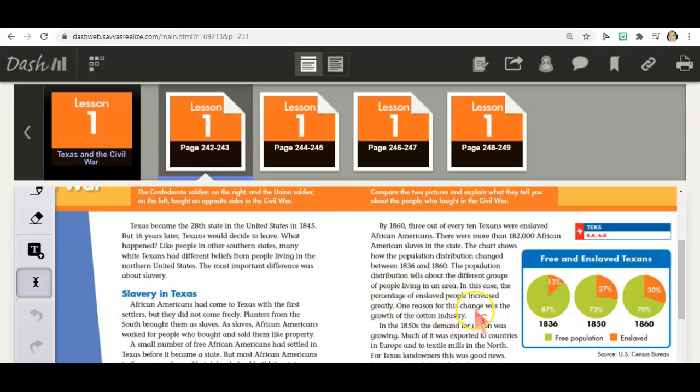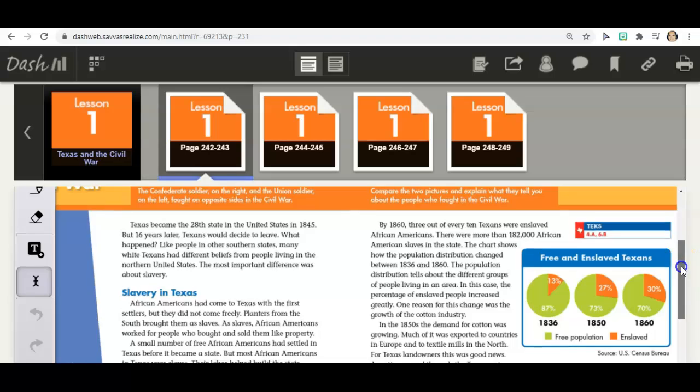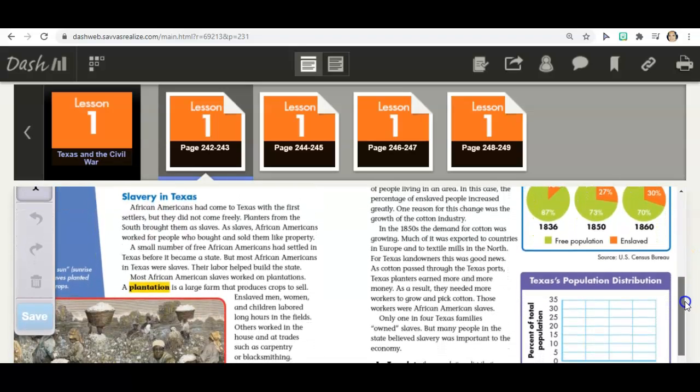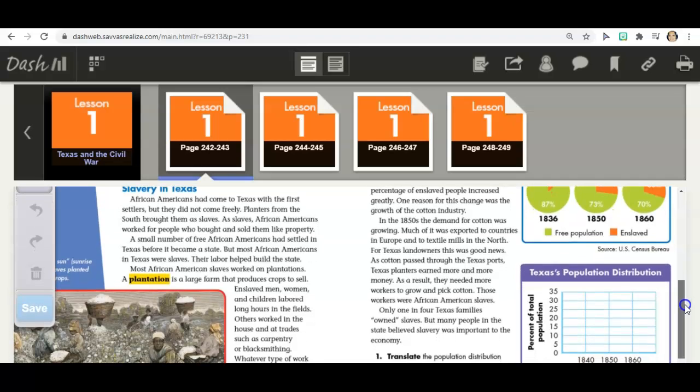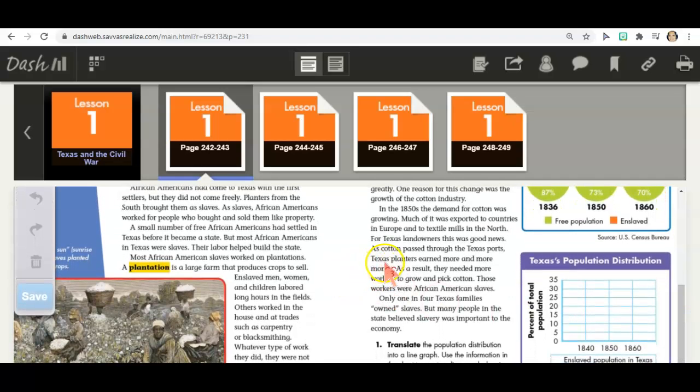One reason for this change was the growth of the cotton industry. In the 1850s, the demand for cotton was growing. Much of it was exported to countries in Europe and to textile mills in the north. For Texas landowners, this was good news. As cotton passed through the Texas ports, Texas planters earned more and more money.